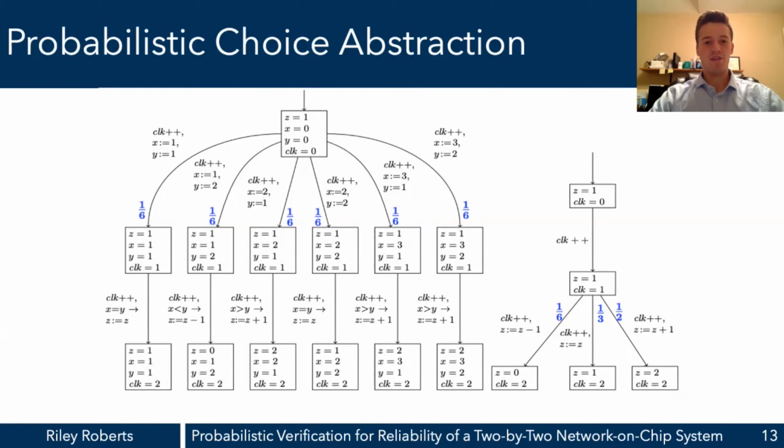Since we know the values of x and y in this middle row here, we can directly achieve the next state with z's new value in this final row. The goal of this abstraction is to preserve the behavior of z with respect to clock.